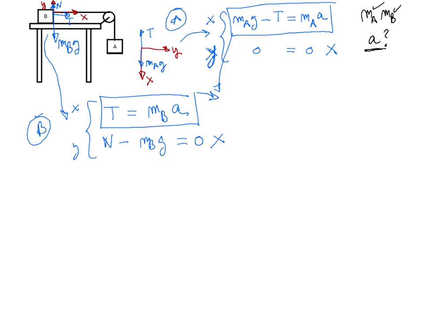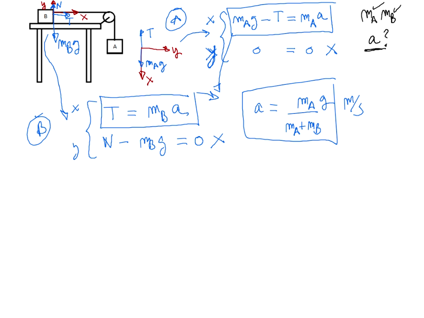As you do so, you're going to end up with a very, very similar functional form. MA is the one that will cause an acceleration. The bigger the MA, the bigger the acceleration. And at the bottom is always the total inertia: inertia of A plus inertia of B, mass of A plus mass of B. Oops, and this should be a square.